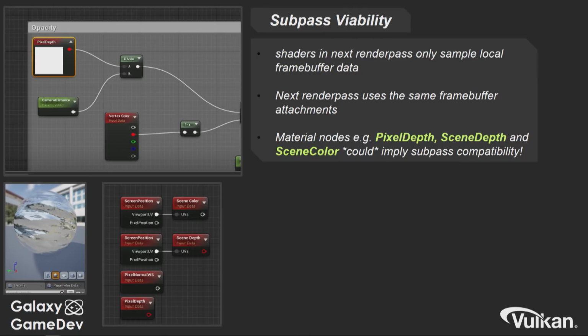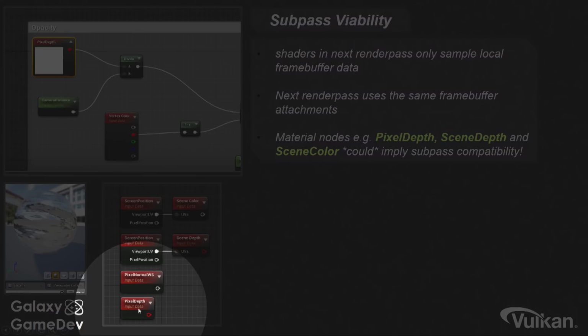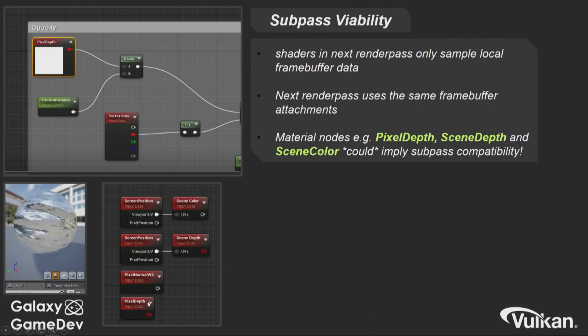And these shaders will sample something like the pixel depth node. You might have this in your material. And this is a perfect case for subpasses. We know that after we've rendered the main scene, that information is immediately available. And it gives us the benefit that we can collapse a secondary render pass down to be a secondary subpass of a previous render pass because we're using exactly the same input information as was just written to in a previous pass.